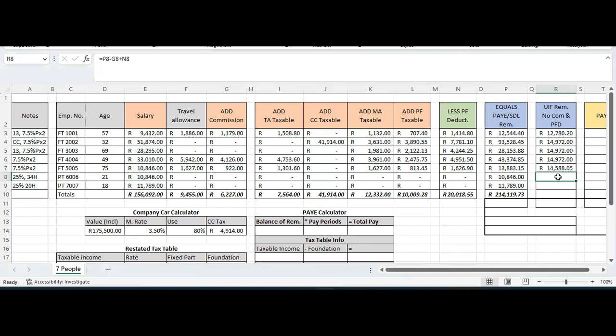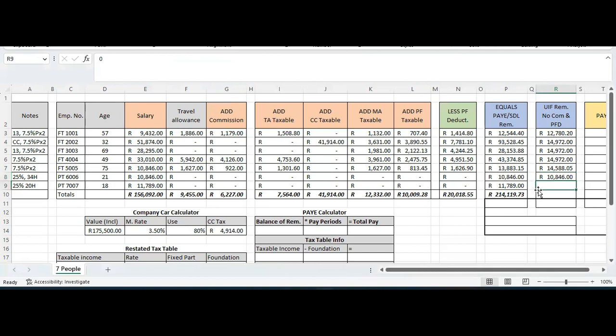Okay. As far as the two part-timers are concerned, remember the one that worked for 34 hours will pay UIF, but it will be the same amount because there is nothing that we can add or subtract.